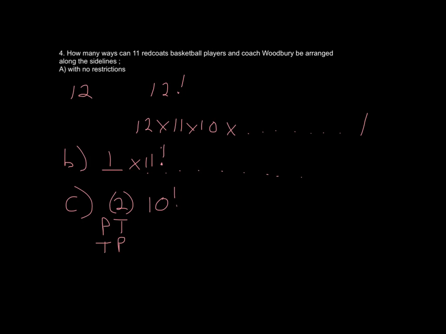And so we have 2 factorial arrangements of Travis and Pat times the 10 factorial arrangements of the other players. So that's the way that we approach these types of questions, and if you work your way through the rest of it, hopefully you can figure that out as you go along, and like I said, just email me if you run into more trouble. Let's go over to the next question.